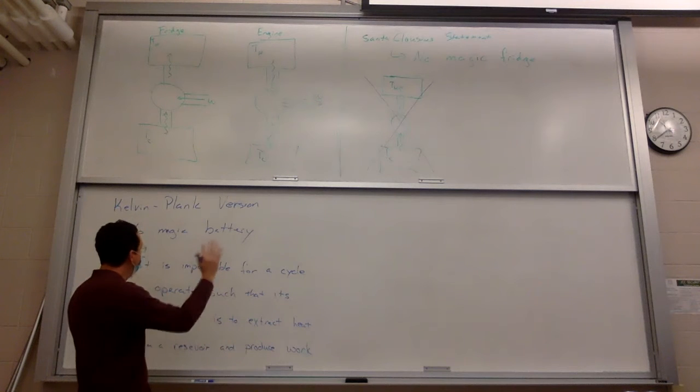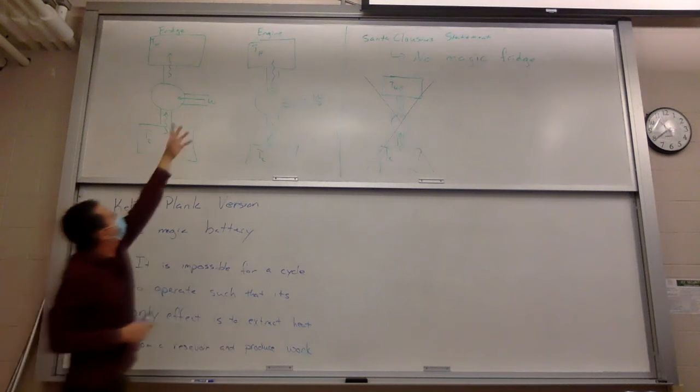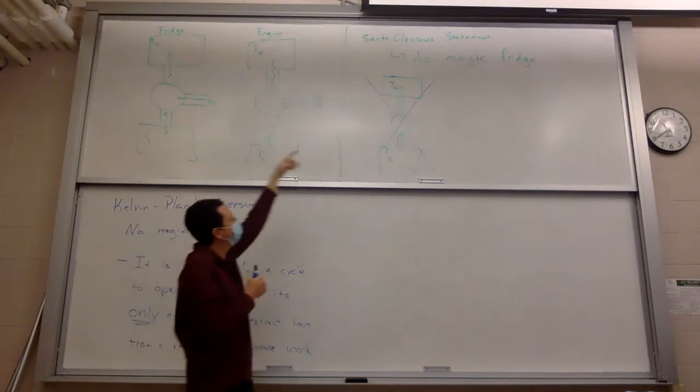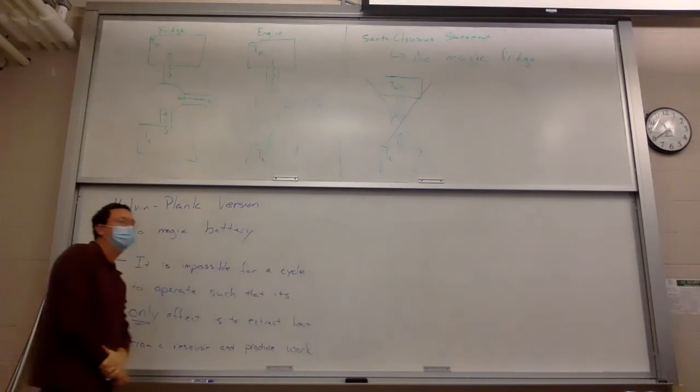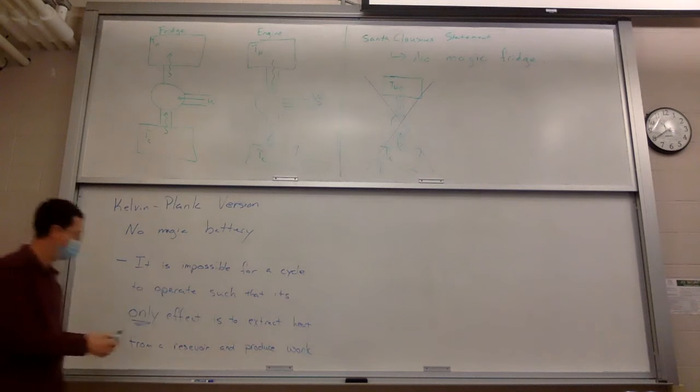This says that the magic battery would extract heat and produce work. That one extracts heat from the hot reservoir, pulls it into the cycle, and produces work, but it has to send heat to a cold reservoir. There's always exhaust. You always have heat dumped into the cold reservoir in any power cycle.